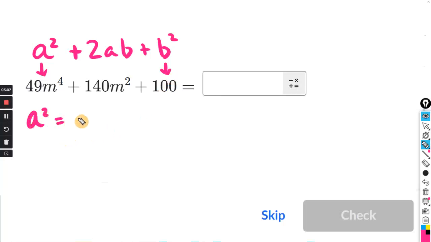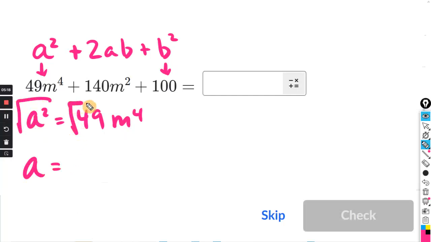If a squared equals 49m to the fourth, taking the square root of both sides, the square root of a squared is a. The square root of 49 is 7, and the square root of m to the fourth is m squared.